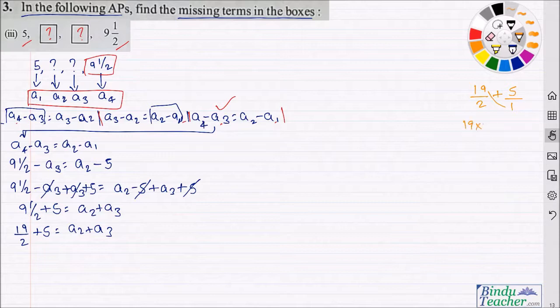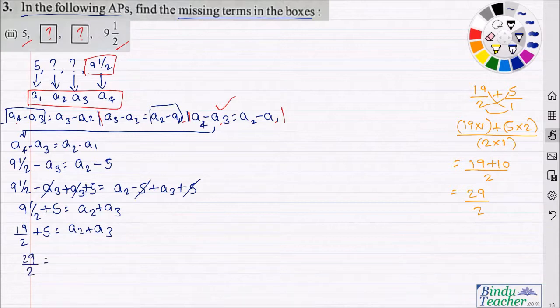We get 19 into 1 plus numerator into denominator, 5 into 2, divided by denominator into denominator, which is 2 into 1, which equals 19 plus 10 by 2, which equals 29 by 2. So now we will write 29 by 2 equals A2 plus A3.